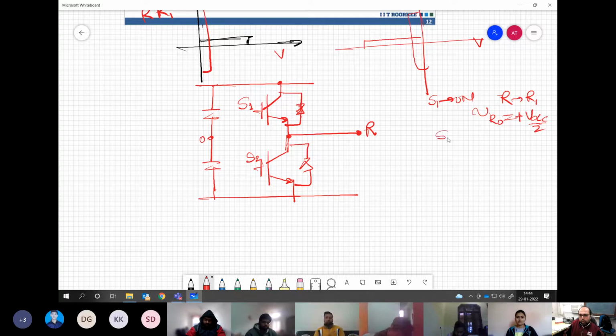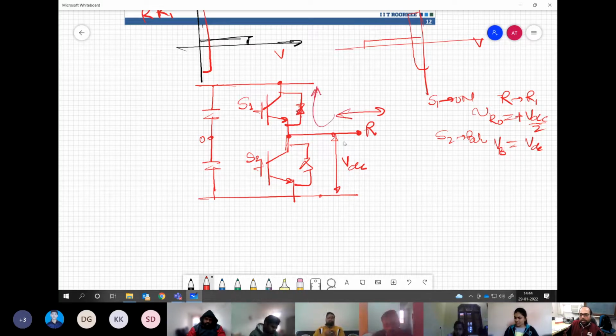And S2 will be blocking how much voltage? V blocking will be equal to VDC, because this is at VDC by 2 and this is at minus VDC by 2. So total voltage blocking will be VDC. And because we have anti-parallel diode over here, even if the switch is off, there can be a current in this direction. Or if we have positive current to flow, this switch is on, then it can go like this.